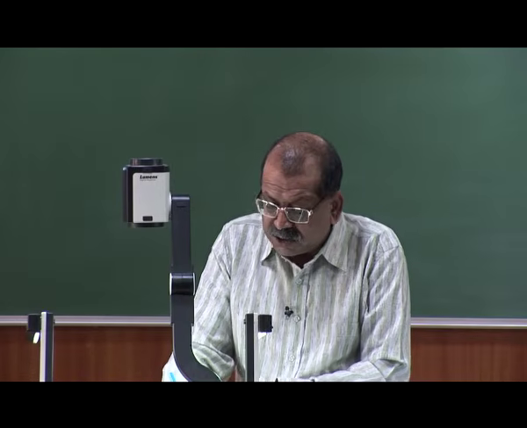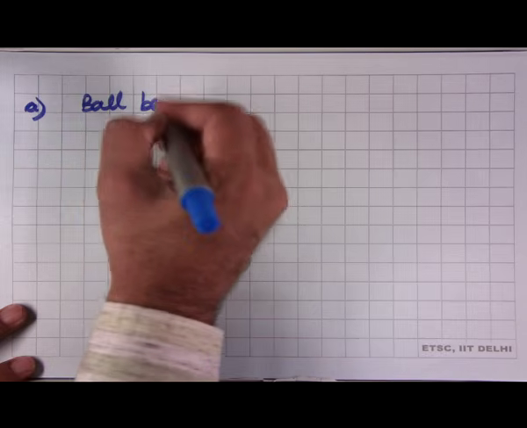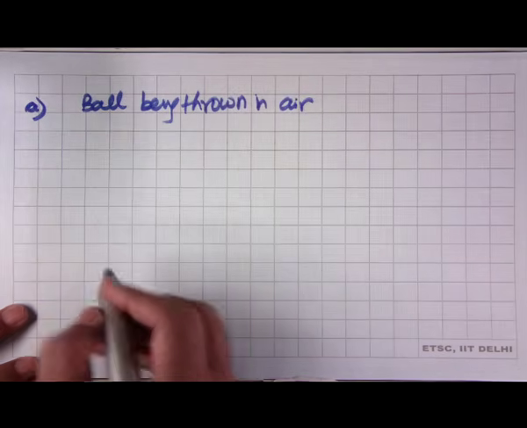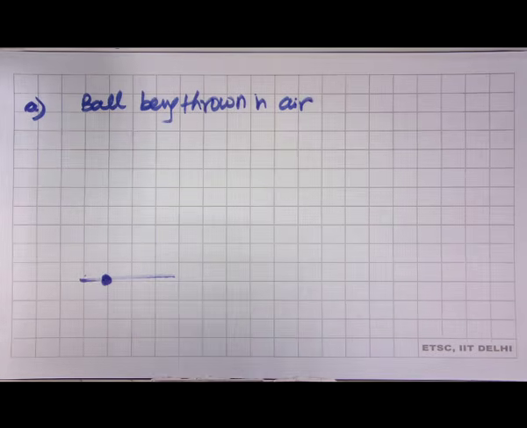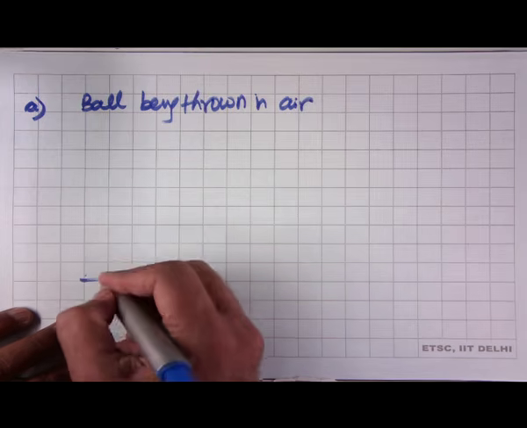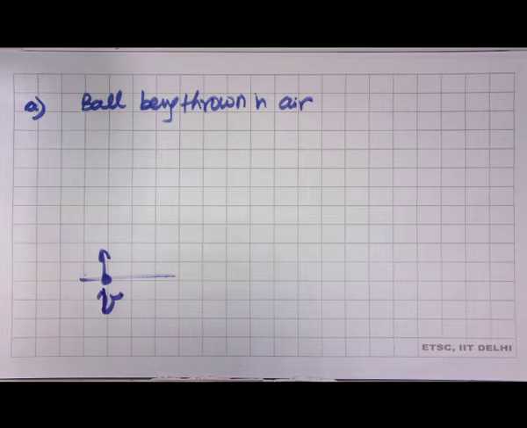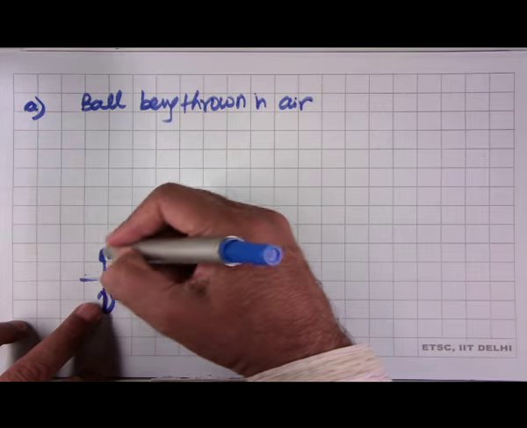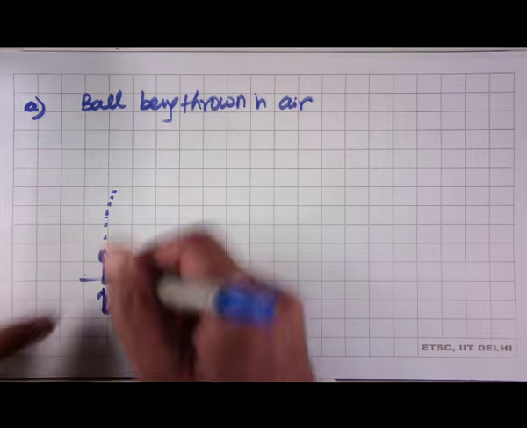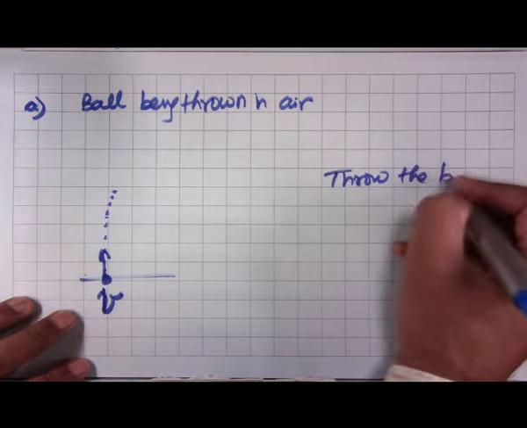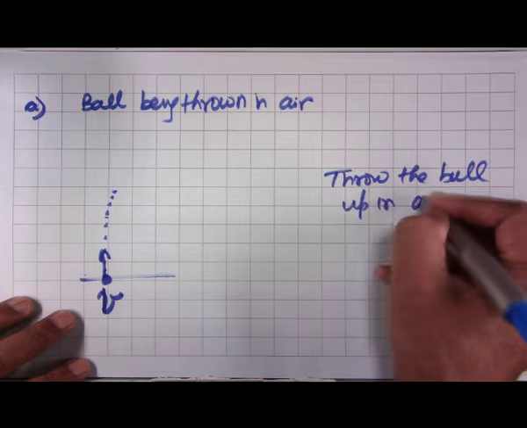The first case we will look at is a ball being thrown in air. We are on the ground, we have a ball in our hand, we throw it in air from the ground with a speed v, and it is in free motion.